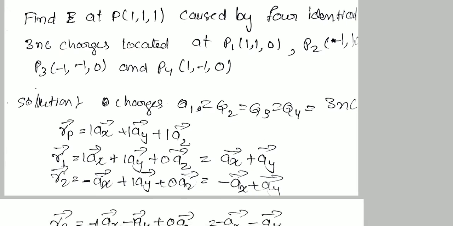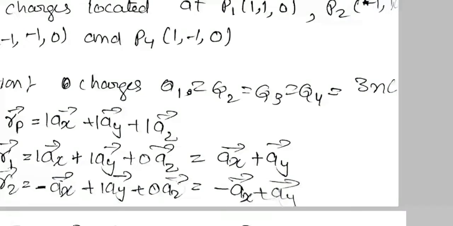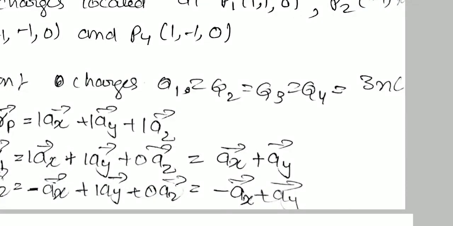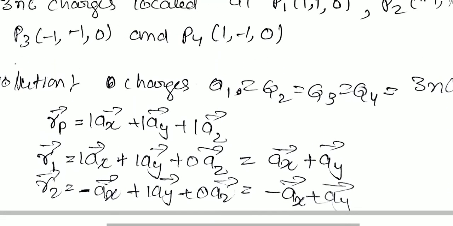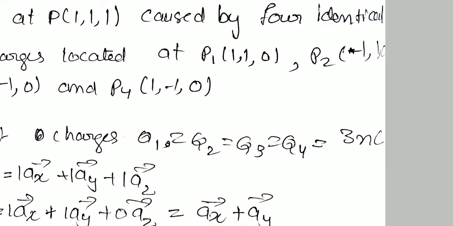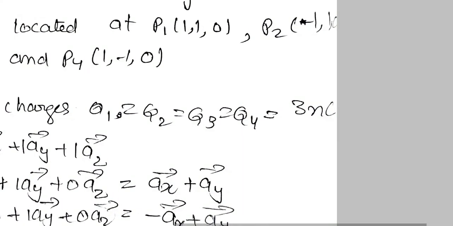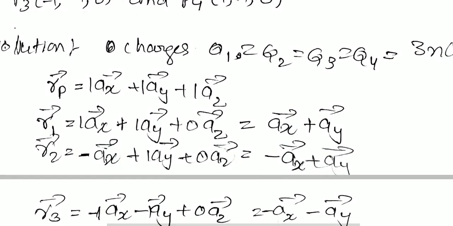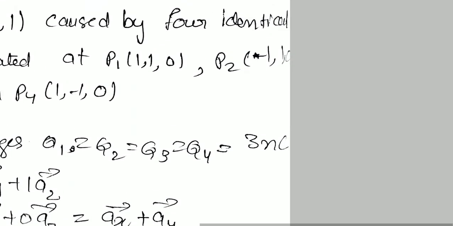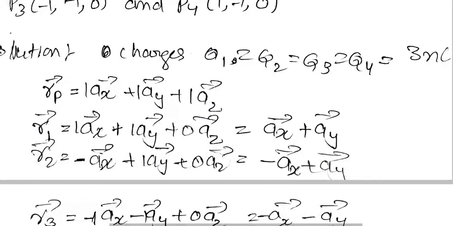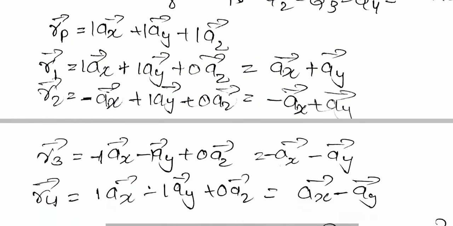First we will calculate the position vectors. The position vector of point P is 1ax plus 1ay plus 1az. The position vector of point P1 is 1ax plus 1ay plus 0az. The position vector of R2 is minus 1ax plus ay plus 0az, like that.